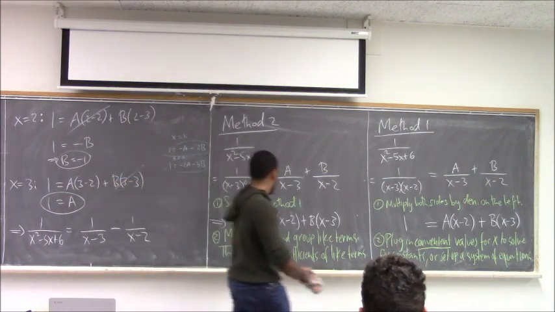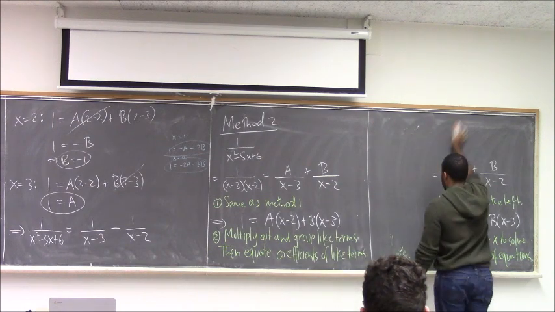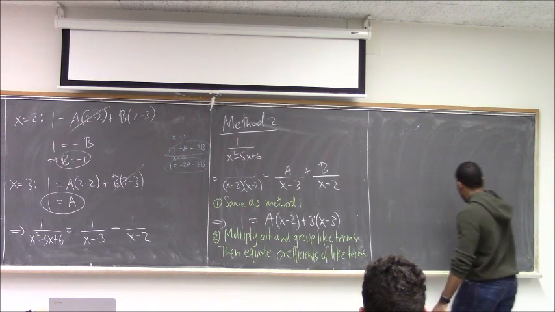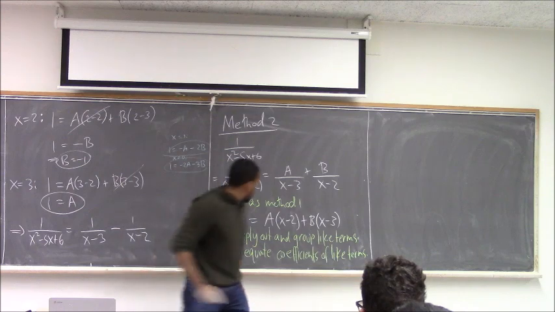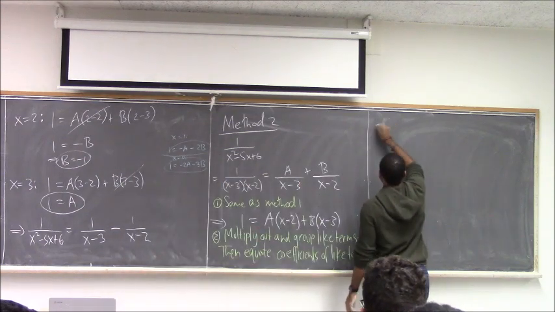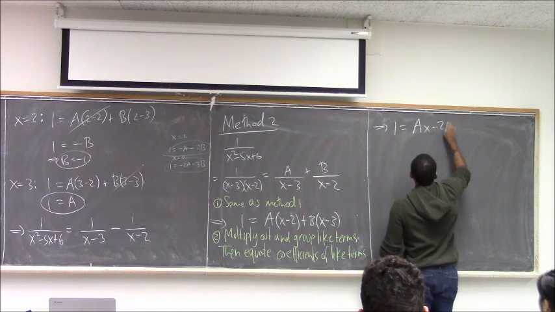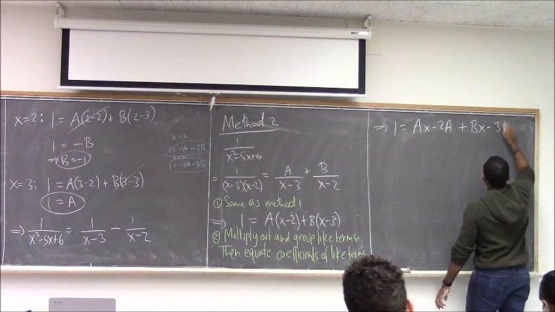So what we would do here is this is going to multiply out on the right, so it's going to give us 1 equals ax minus 2a plus bx minus 3b.